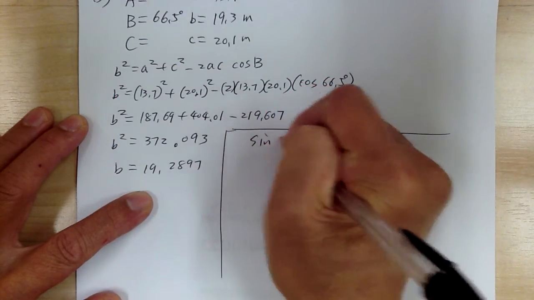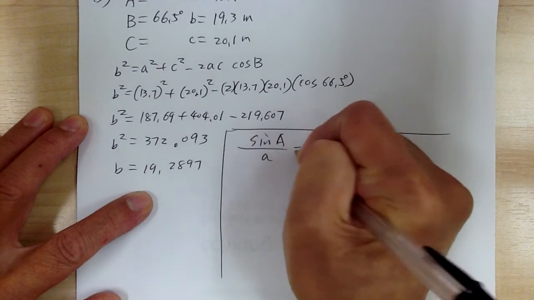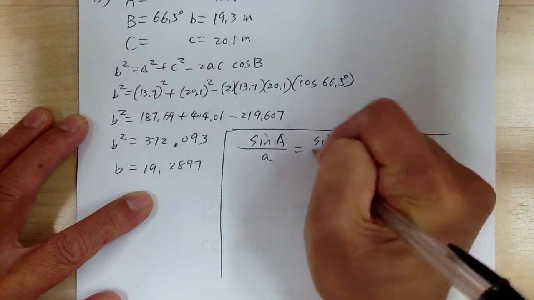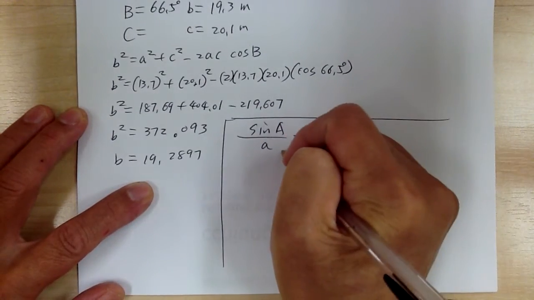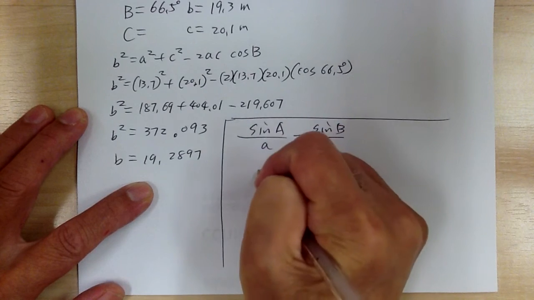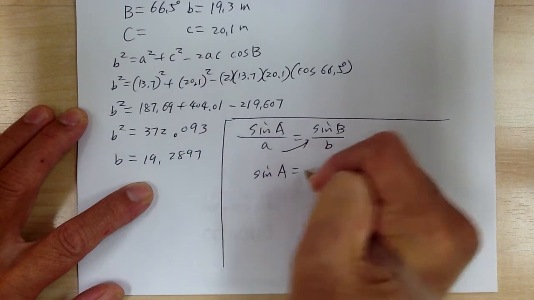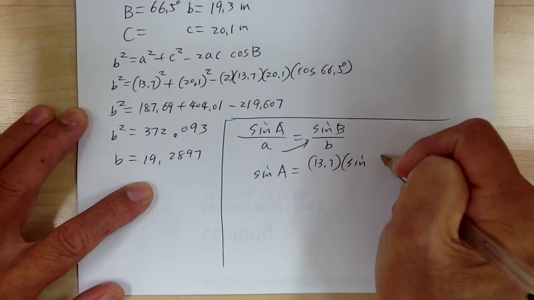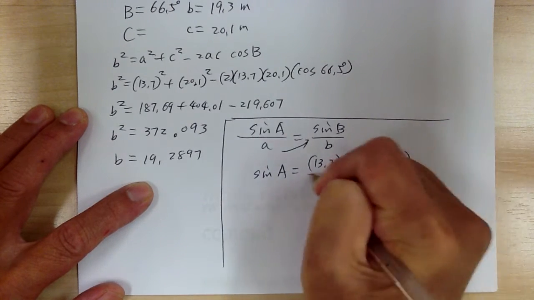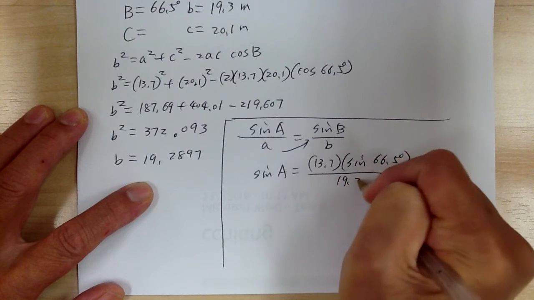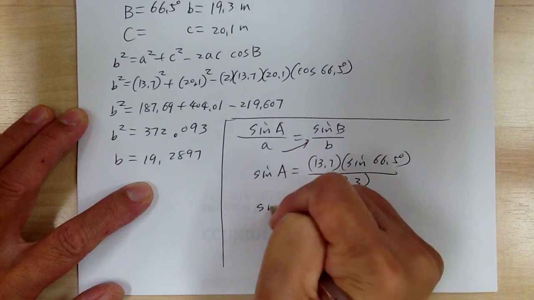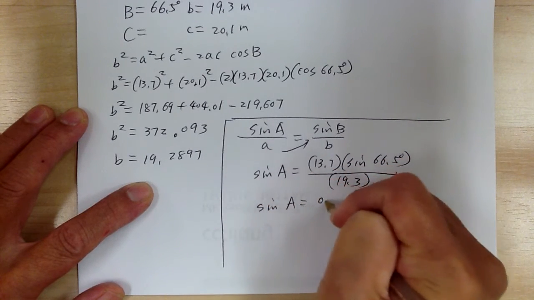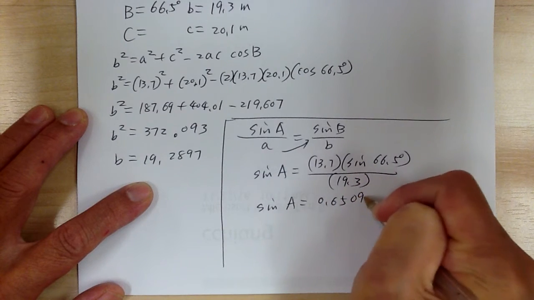So let's do sine A over a equal to sine B over b, and move this to this side. So sine A equal to 13.7 times sine of 66.5 degrees divided by 19.3. So sine A equal to 0.65097.